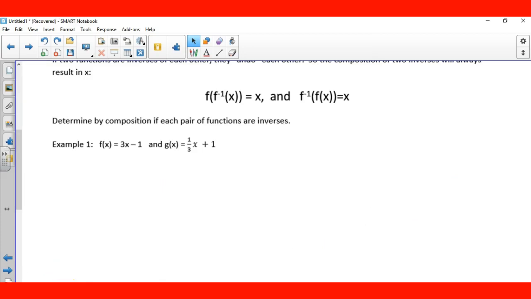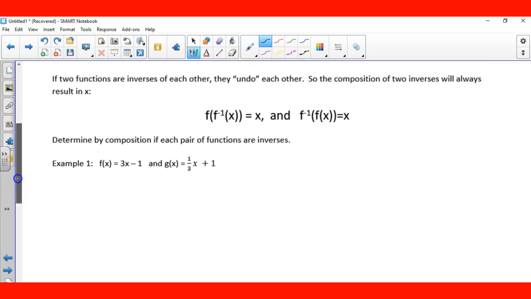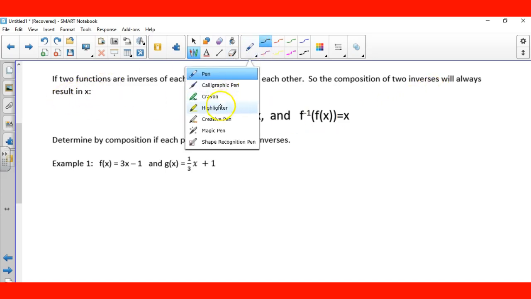Picking back up, this example says if two functions are inverses of each other, they undo each other. So the composition of two inverses will always result in x. That's the most important statement right here.